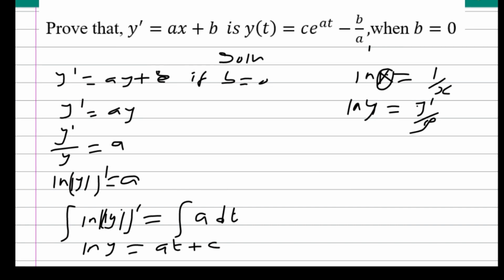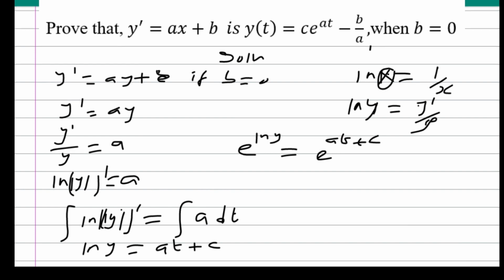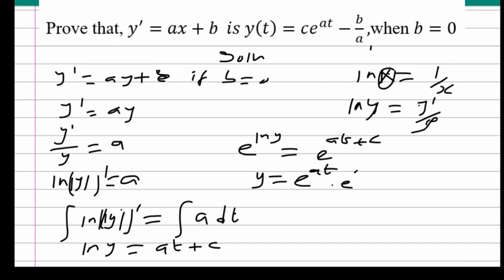Okay. Now we want to eliminate the ln. We don't want this, so I take e on both sides. So I have e exponent a t plus c, and then e exponent ln y will give me only y to be equal to e exponent a t multiplying by e exponent c.